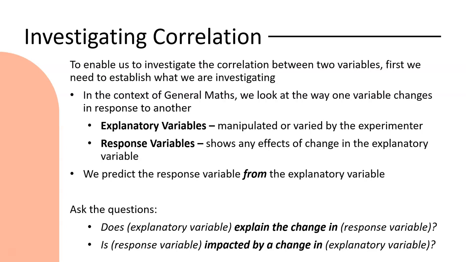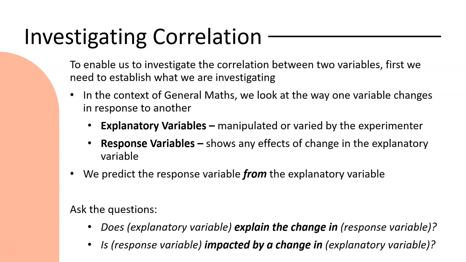Quite often you're asked to identify, out of the two variables you're presented some data on, which is the explanatory and which is the response. Some really useful questions you can ask: does my age explain the change in my shoe size?